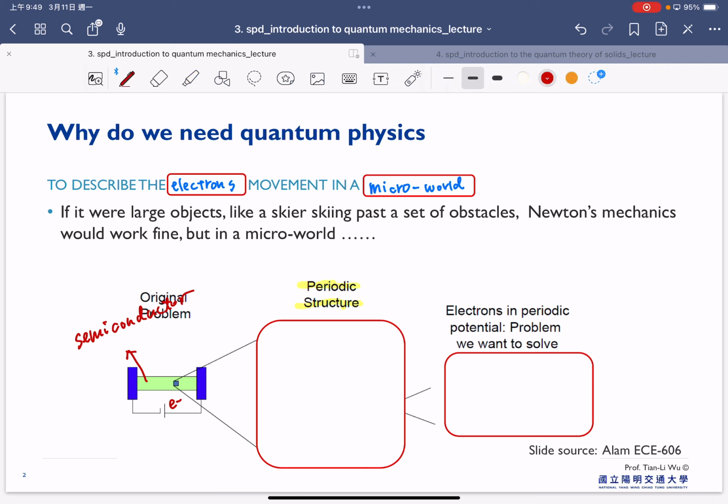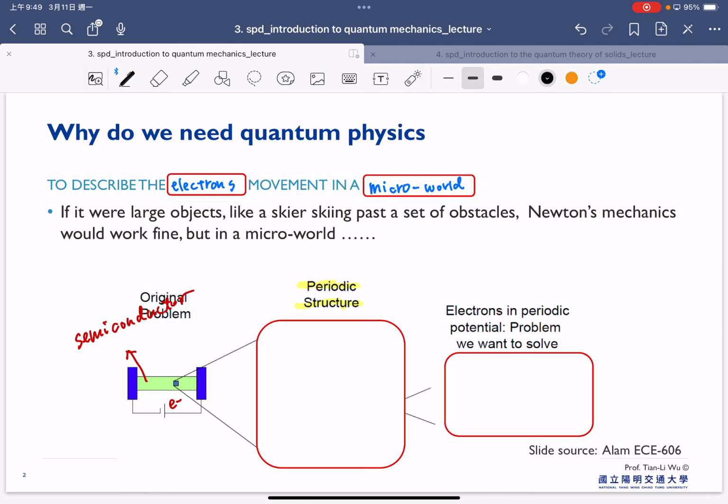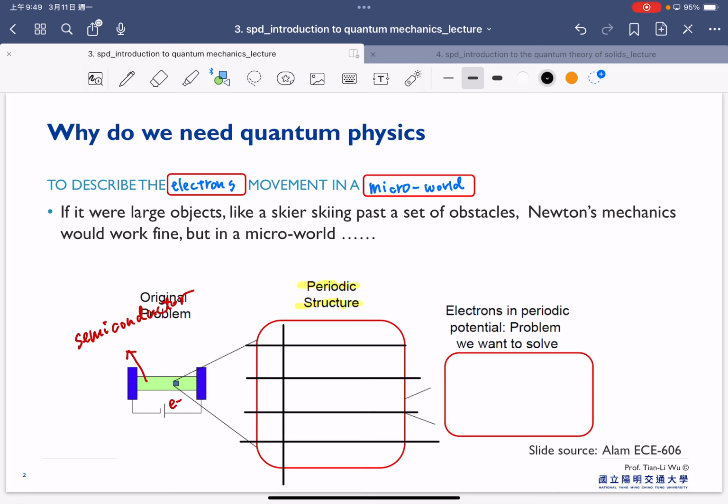If we take into account the periodic structure of the lattice, you will find that this semiconductor is a piece of material with this lattice arrangement.